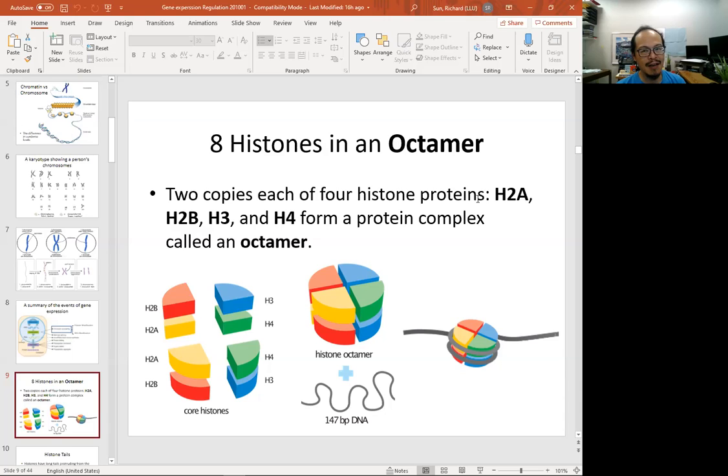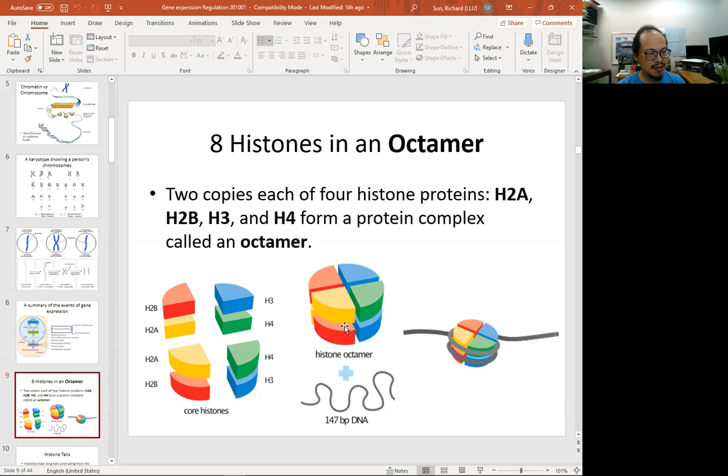In the end, we confirmed that there are 4 types of histone. These 4 are different: H2A, H2B, H3, and H4. Even though we have a total of 8, they are copies of these 4.